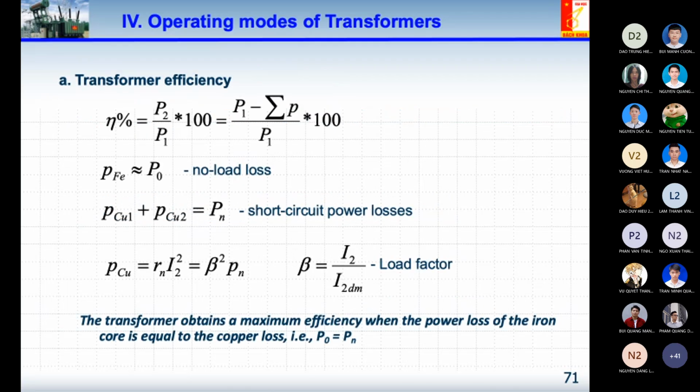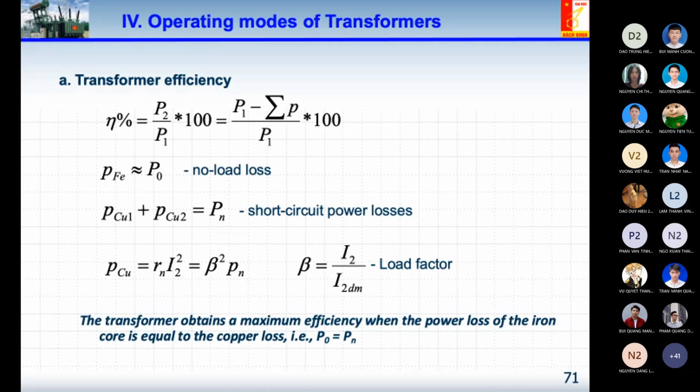And of course, the EVN company will regulate the transformer when it is connected to the load. It has to meet the regulation on efficiency. If the efficiency of the transformer does not meet the regulation, they don't allow it to be connected to the electrical system. And of course, when the factory produces the transformer, they have to follow the regulation of the EVN company.